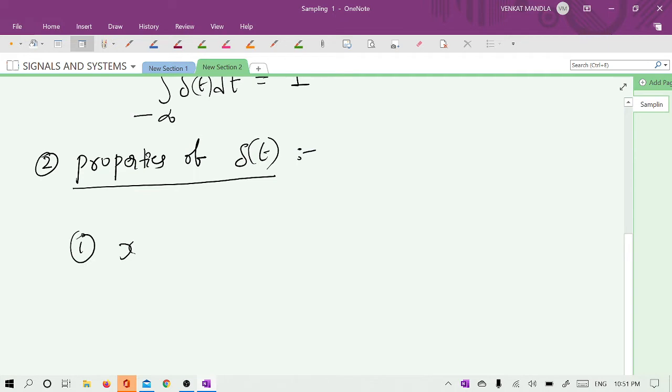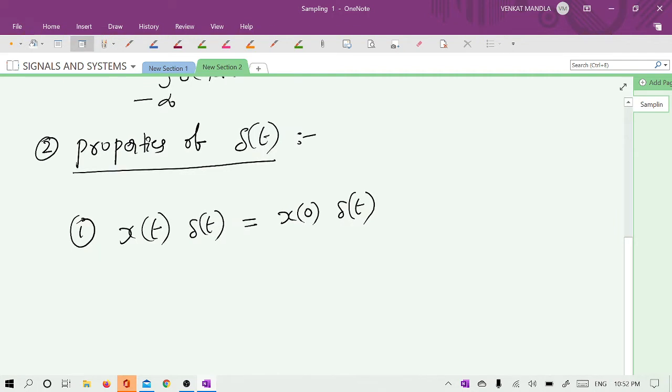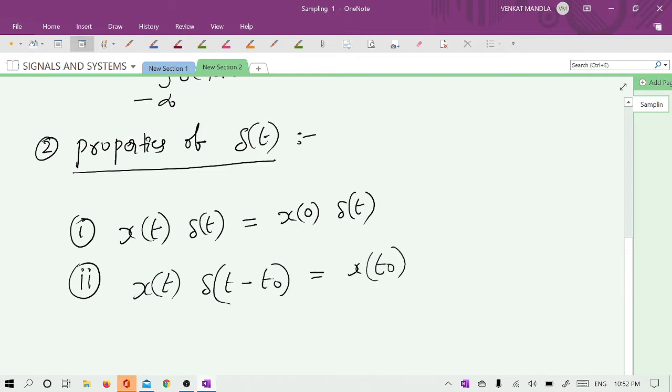First one, x of t into del of t equal to x of 0 into del of t. So del of t has value at t equal to 0 only. Otherwise, del of t has 0 at t not equal to 0. x of t into del of t minus t naught equal to x of t naught into del of t minus t naught.